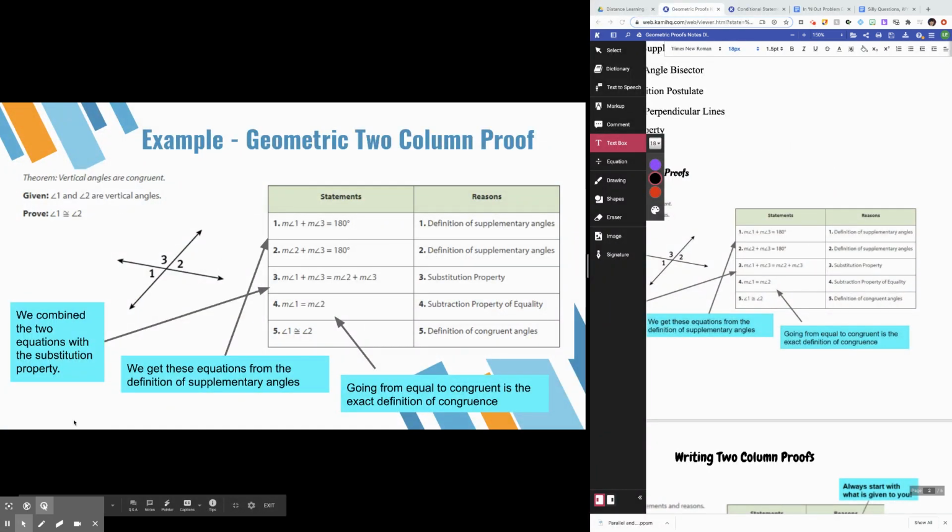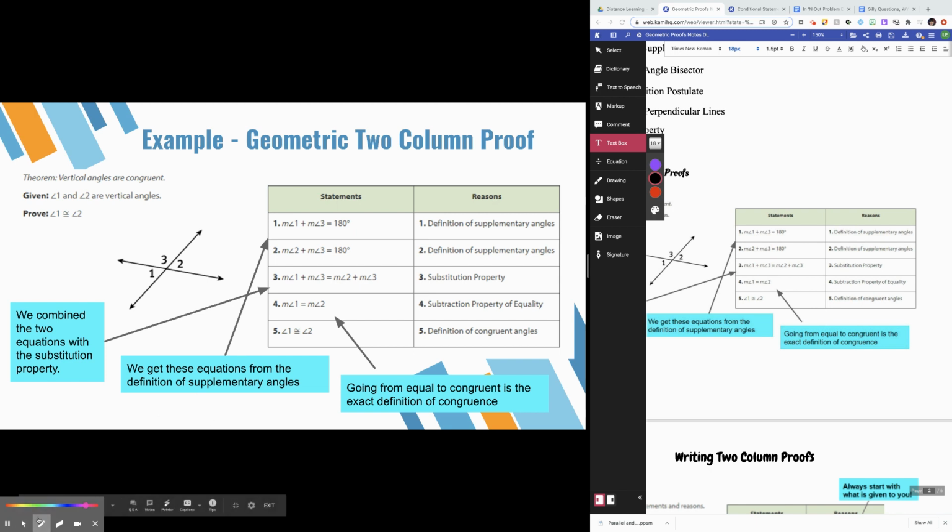All right, folks, so here we are at an example of a geometric 2-column proof. Now, I'm going to preface this by saying that there are a couple of things that are not quite right with this proof, which I will fix on the screen as we go. The first being that this is not a typical proof because it doesn't start with a given statement, right?